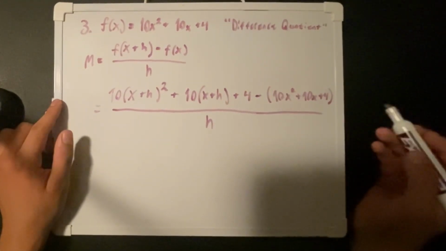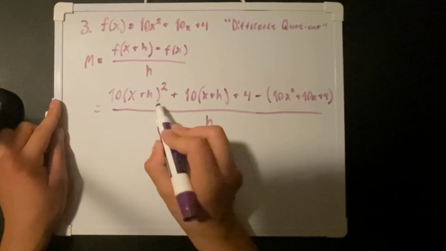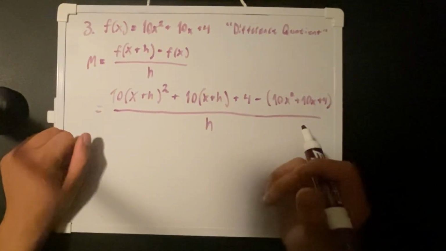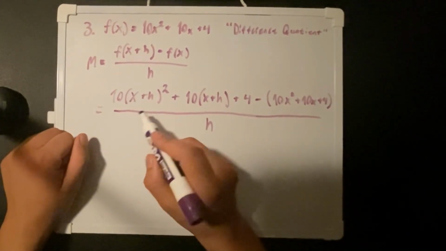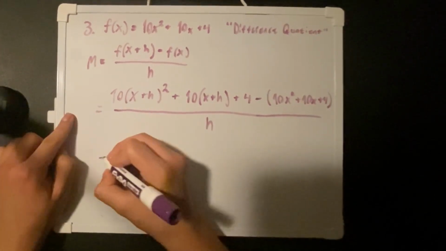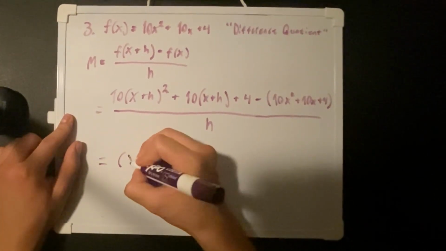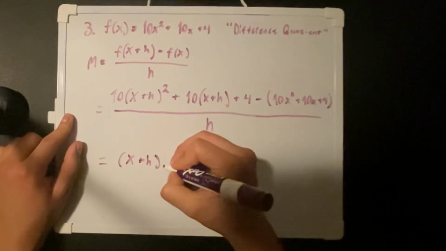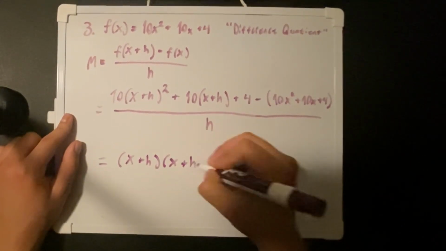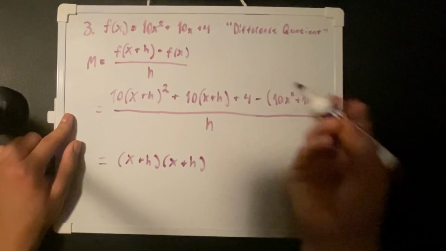Next up, we need to solve to see what x plus h squared is. We'll set x plus h to multiply by itself, because this is what x plus h squared is.